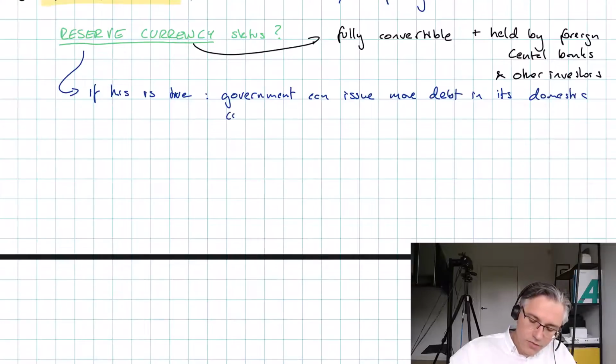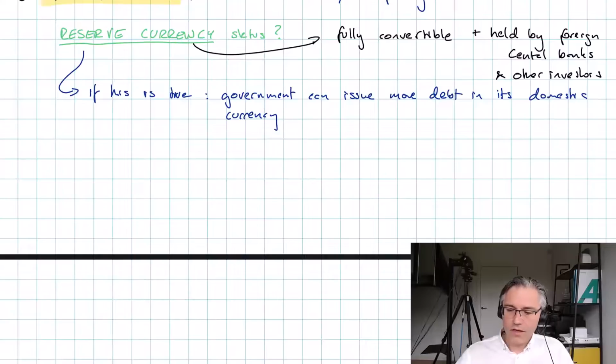And you can do so because you will have foreign investors who will likely want to buy that debt, because they appreciate holding debt which is denominated in that currency, as they treat it as a reserve currency.